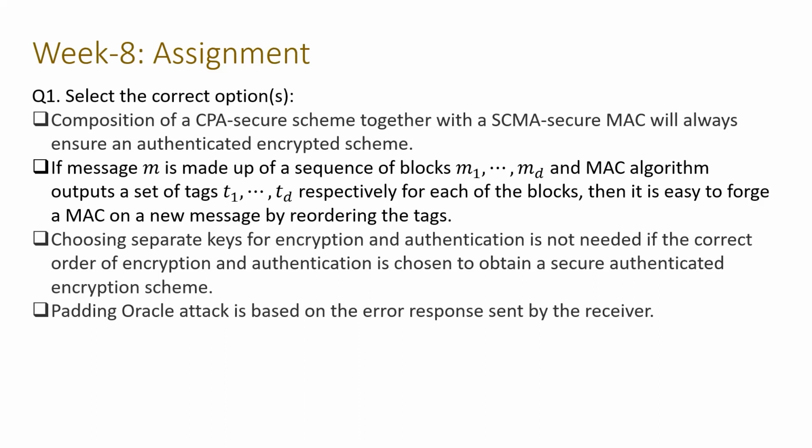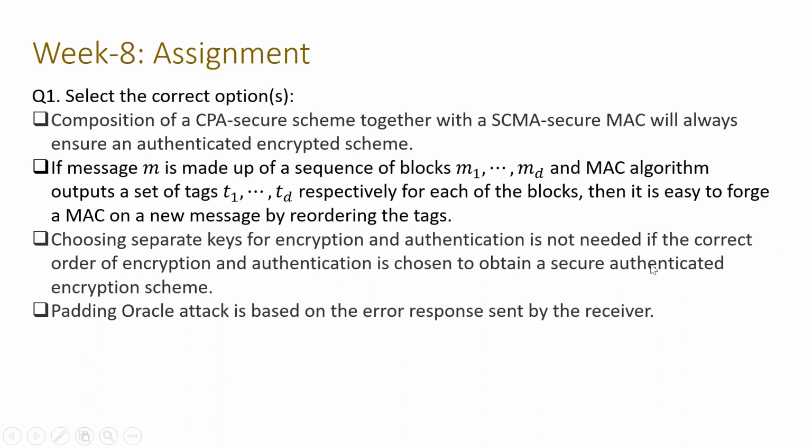And in case this padding is not properly done, then the receiver will return a bad padding error, and the adversary, just seeing this bad padding error and exploiting this padding oracle, can effectively calculate back the whole message block itself. Okay, so basically this statement is true.